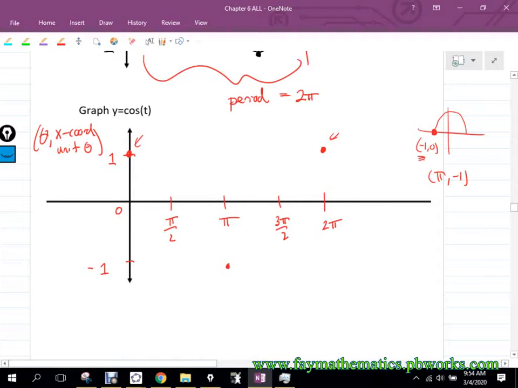Now, that first point was a positive y value, right? This one here is negative, right? The intermediate value theorem from college algebra said if you're traveling from a positive number to a negative number, what do you undoubtedly have to pass through? The x-axis. You have to pass through 0.